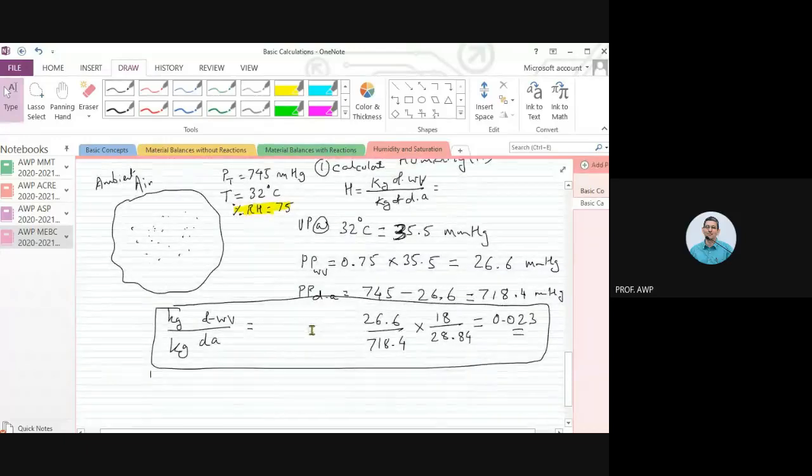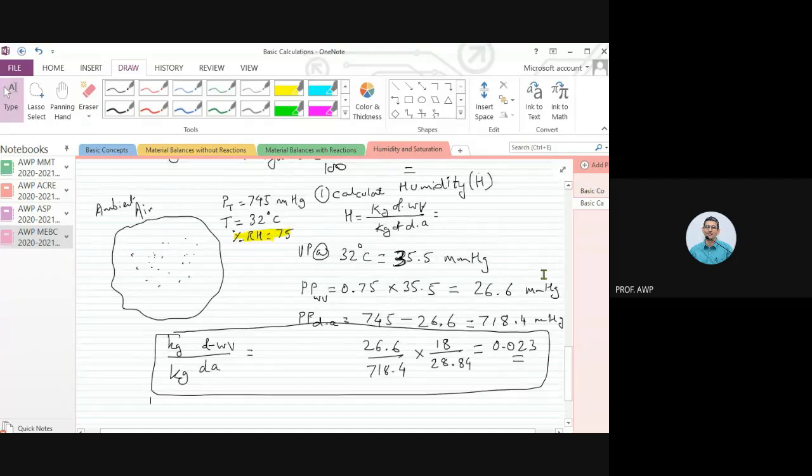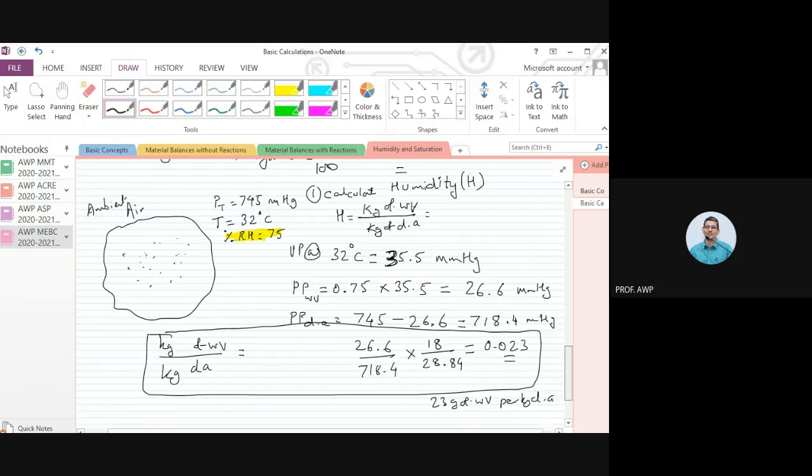Okay. So now this air is going to contain 0.023 kilograms of water vapor per kg of dry air, or 23 grams of water vapor per kg of dry air. Now you remember your sulfuric acid flow sheet problem?